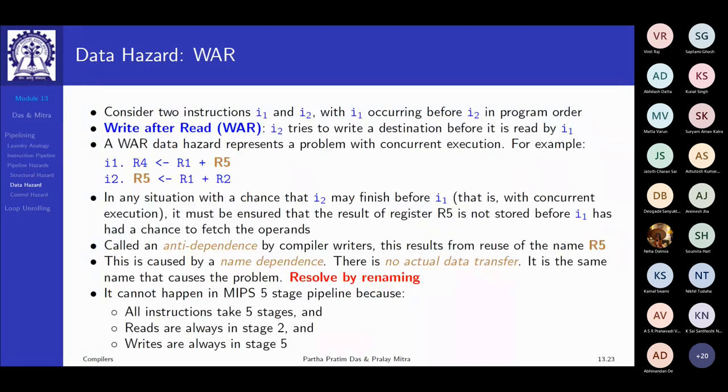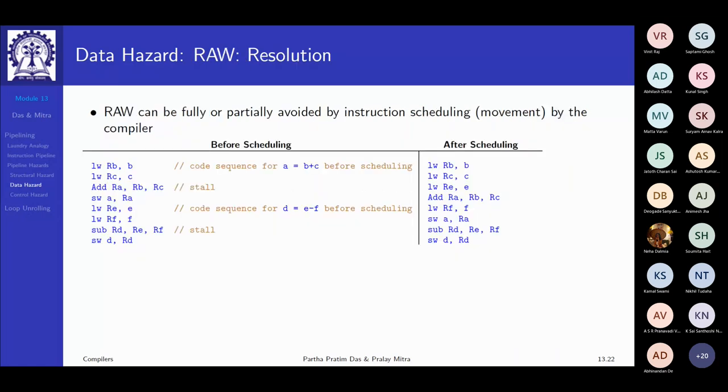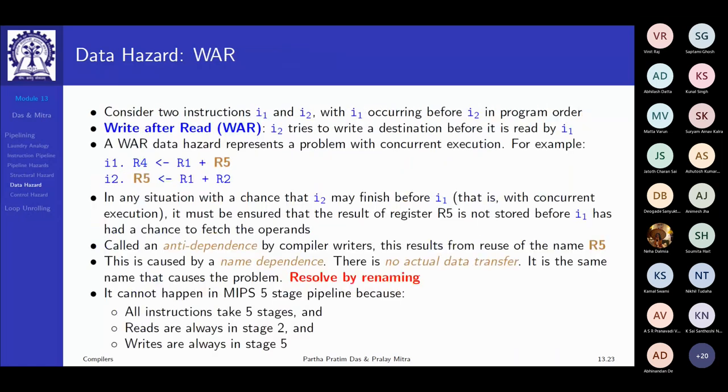Now, this was about RAW, read after write. There are two others. One is write after read. So again, two instructions. This is trying to write R5, and this is reading R5. Now, this is something in the pipeline which will give you error.